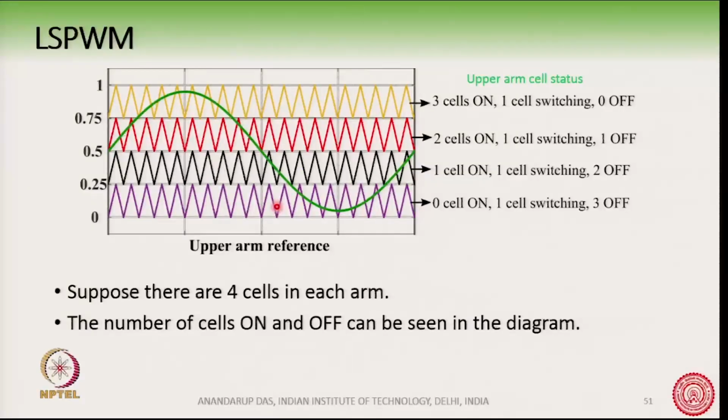There are 4 vertical parts in the waveform, and these 4 vertical parts will be fabricated from the 4 cell output voltages.